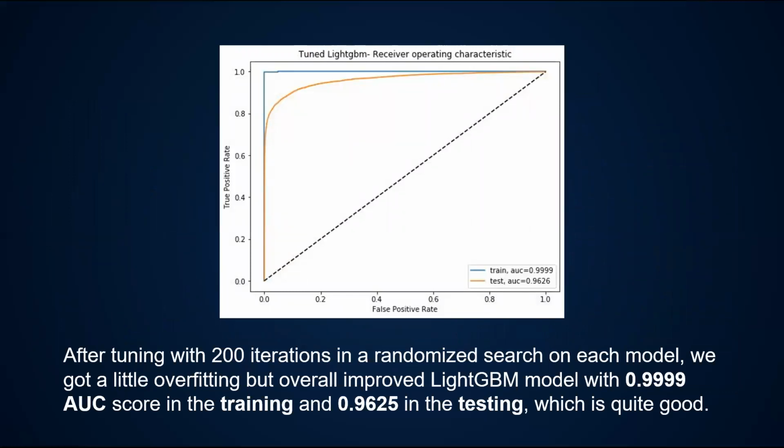After tuning with 200 iterations in a randomized search on each model, we got a slightly overfitting but overall improved LightGBM model with a 0.99 AUC score in training and 0.96 in testing, which is quite good.